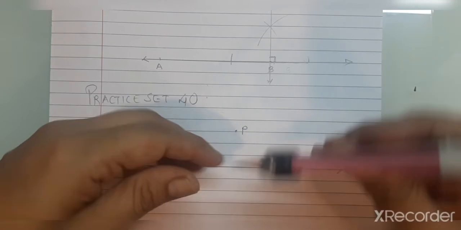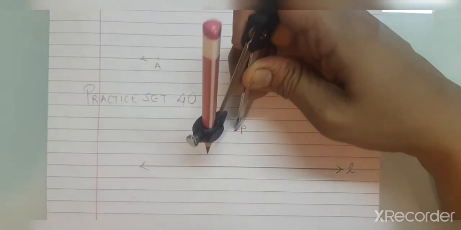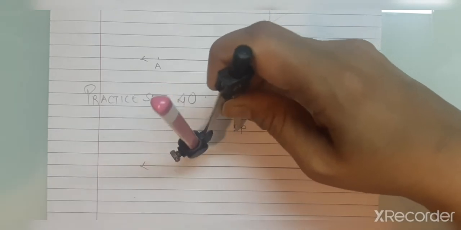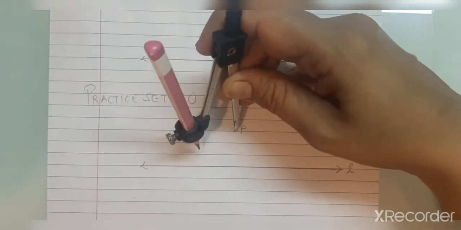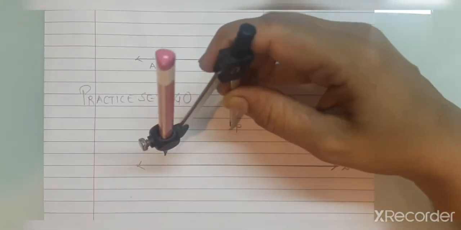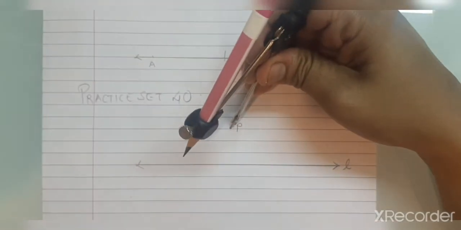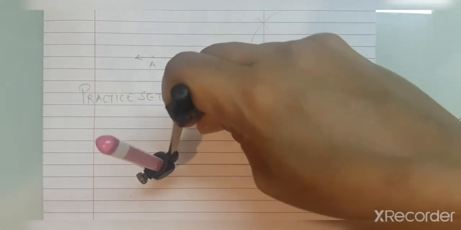You can see here, the pointer is on point P and I'm trying to make an arc, but I cannot make an arc. So I have to extend. So I have extended the distance so that I can reach my pencil to this line.